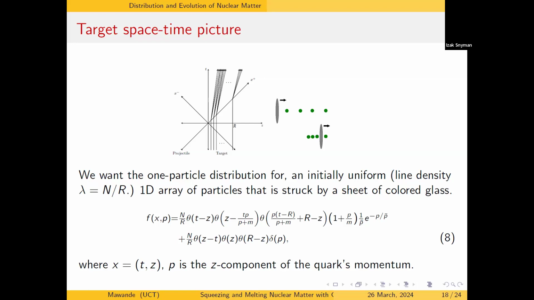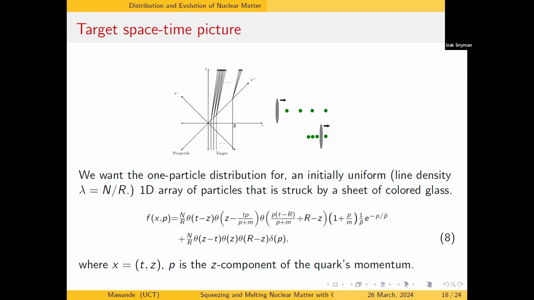This just means that if I want a distribution of particles, a certain number of particles carrying a momentum p at the space location x, then I would just multiply this by d3x d3p, right? To give you the total number of particles. This summarizes the collective motion of particles. This is the one-particle distribution.